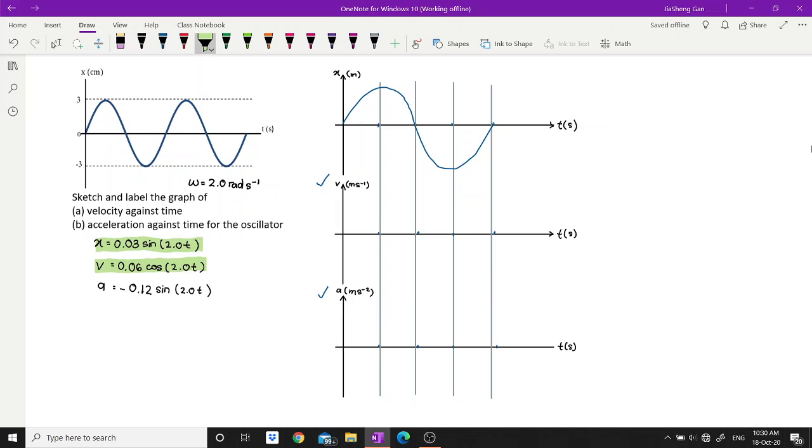And after differentiating the velocity equation again, we get the acceleration equation, a equals to negative 0.12 sine 2.0 t. So what you need to do is to sketch the graph for velocity and acceleration. So let me leave you for a while to try and figure this out, then I'll come back and solve the question.